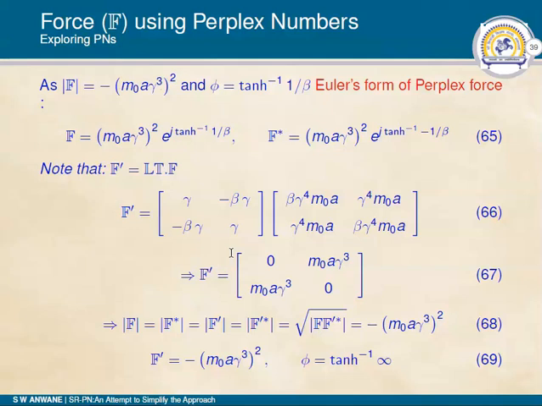One can very well write F dash using Lorentz transformation, and the equations are similar to those in perplex acceleration in the S dash coordinate system, except for the multiplying factor, you will find m0 appearing in all equations. And similarly, the phi angle is blown up by the function tan h inverse of infinity.